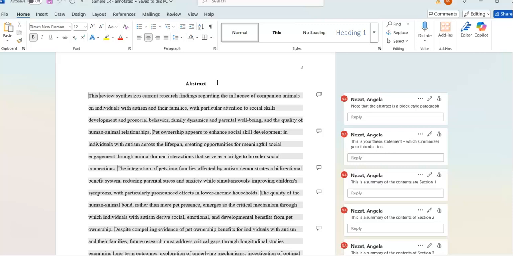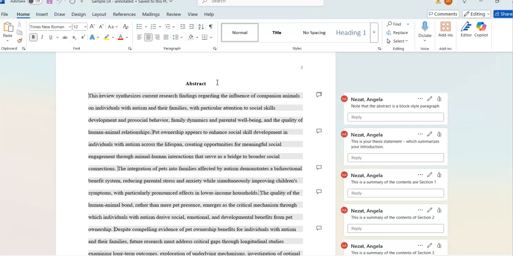So let's just say you published your literature review, and the next student in that subject area needs to do a paper, and they pull your literature review up and read your abstract. And by reading your abstract, they know exactly what each section of your paper covered. So the easiest way to do it is to boil down every section of your paper into a single statement.